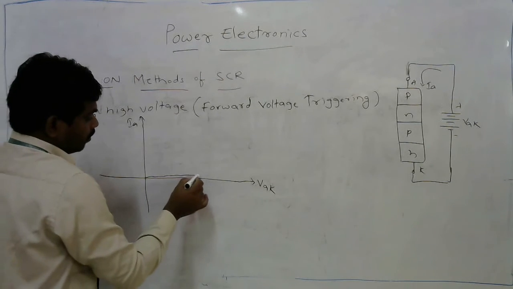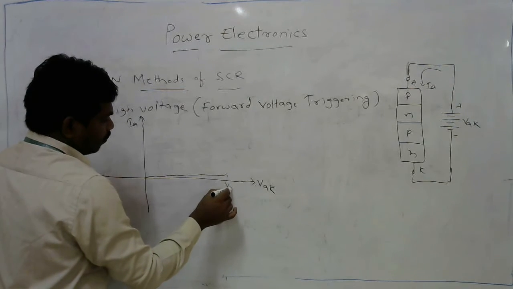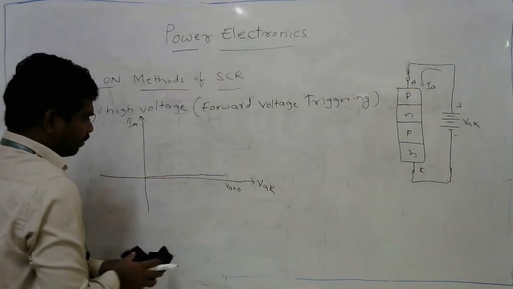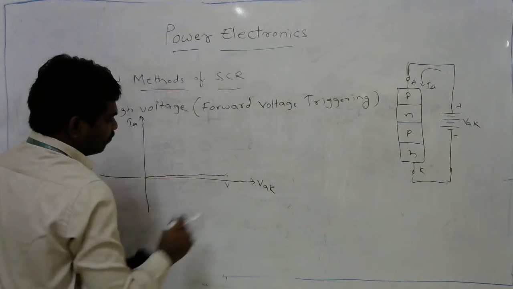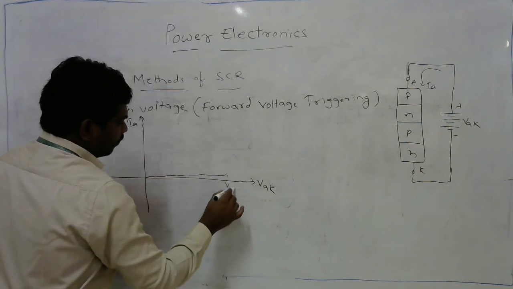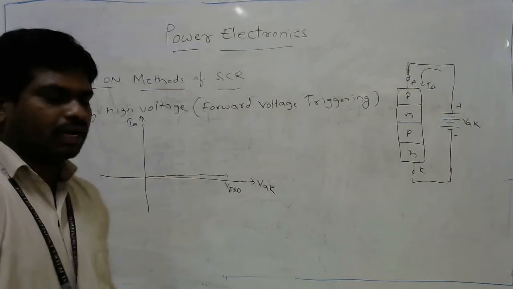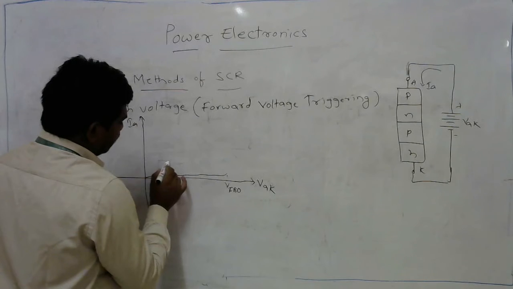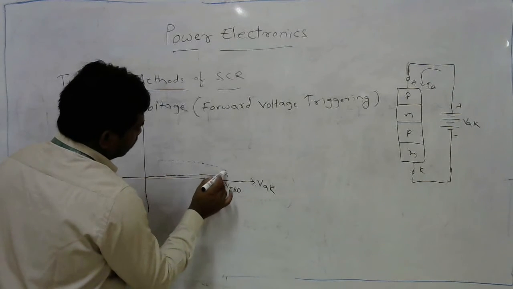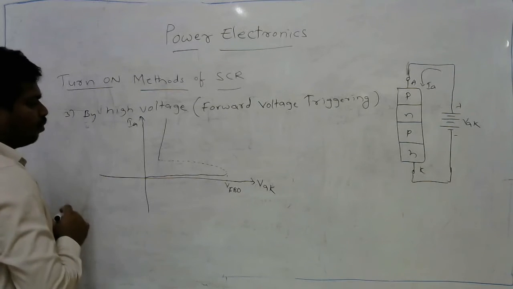Then once VAK reaches some value, which we call VFBO, the forward breakover voltage, then immediately our device comes to on state and allows the current to flow.